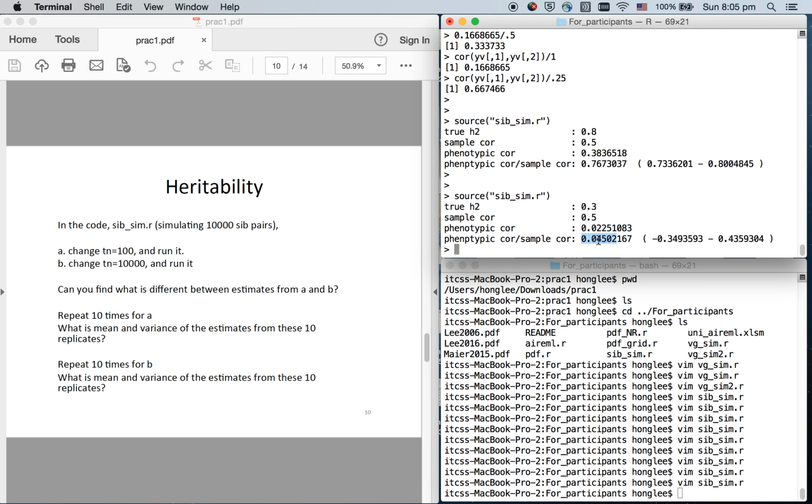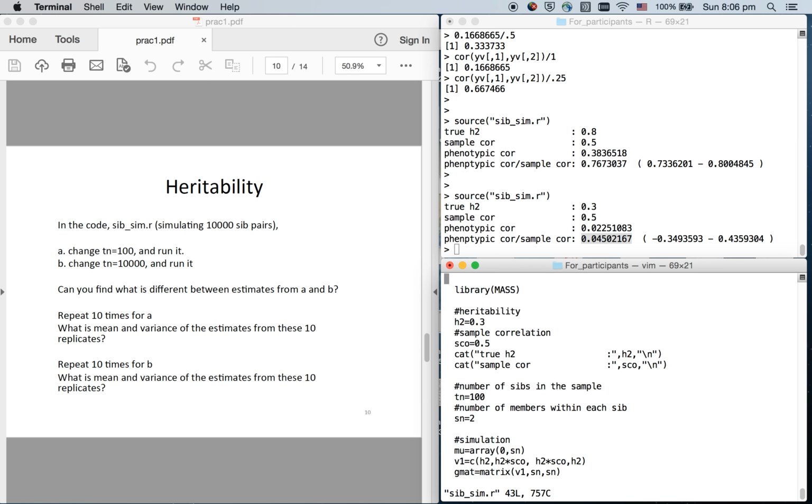This is quite far from the true value, but the confidence interval is huge, from minus 0.3 to 0.4. This actually includes the true value, but it is a huge interval. So the precision is not that high, right? That is expected because you used only 100 records.